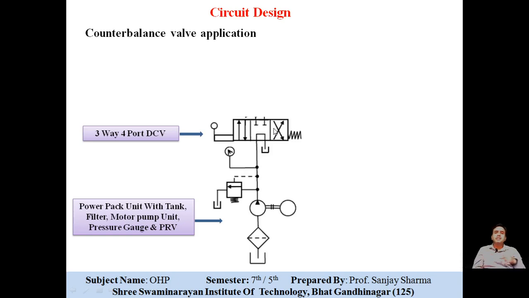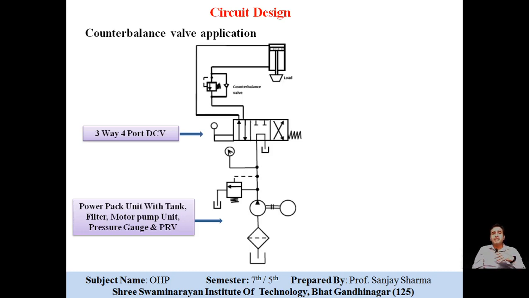Because of these three different ways. Again this is a spring loaded, manually operated valve, and it has 4 ports, port 1, port 2, port 3 and port 4. So because of this only it is termed as 3-way 4-port direction control valve.